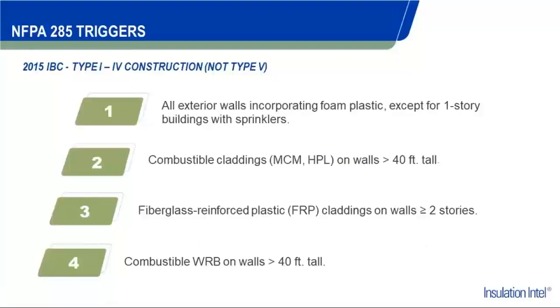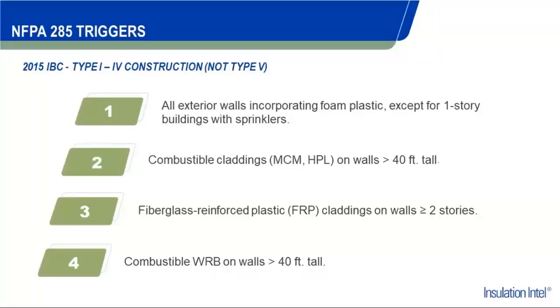So we always get this question, well, do I need to meet an NFPA 285 for my building type? And we've got some information to share with you here. But just in general, foam plastics in wall assemblies for any building height is susceptible, so we have to make sure it meets the requirements to pass the NFPA 285 assembly.